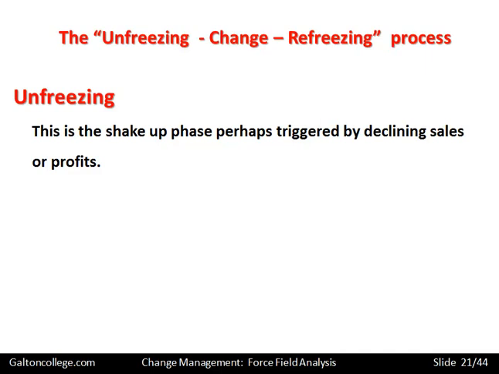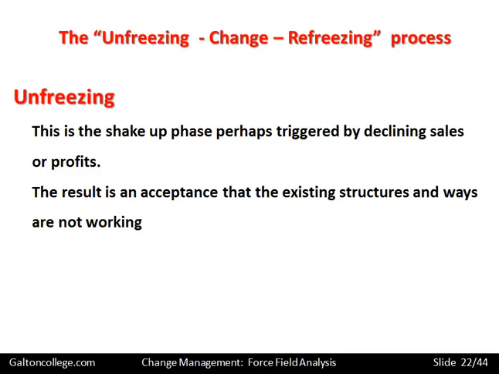So this is the phase where the organization is going through a problem, it's not performing well, and in common language, it needs to be shaken up. Something needs to happen, something needs to change. So the organization is not doing too well, it must change. The result is an acceptance that the existing structure and ways are not working.